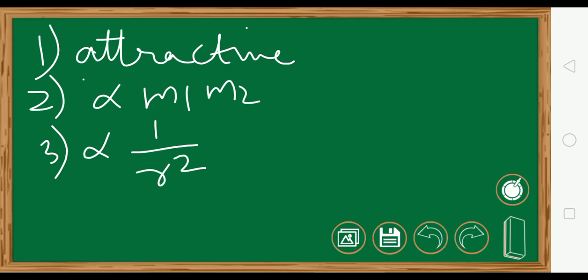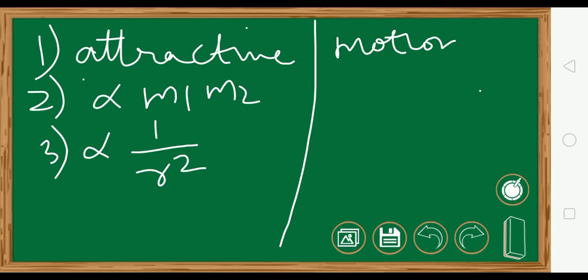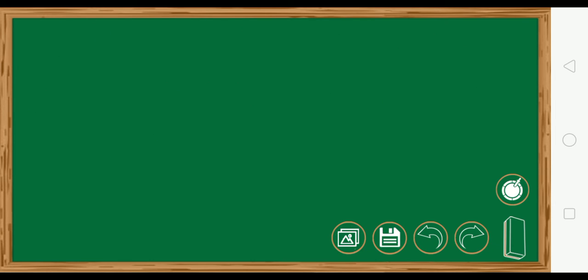Now what is the importance of this law of gravitation? Because of this law, Newton was able to explain the motion of planets. Why does the Earth go around the Sun? Why does the Moon go around the Earth? This is the Sun and this is the Earth.